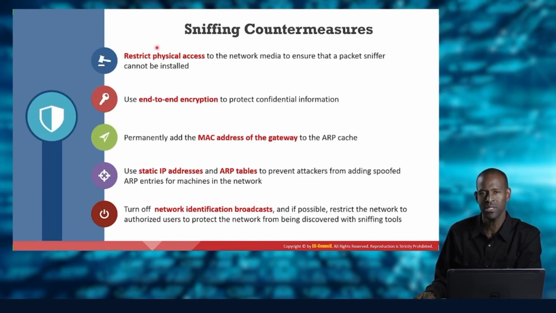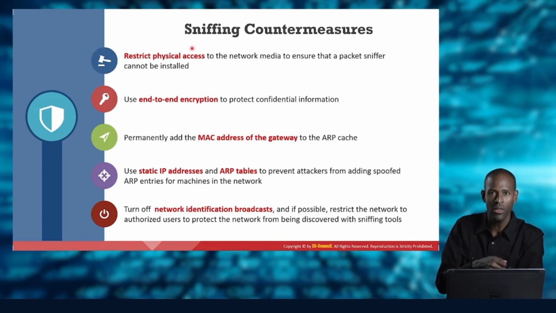I don't know if you remember, but just at the beginning of this module, I gave you a little scenario of how somebody would find a physical port. How did they do it? They went into the conference room, and on the wall there was a place where they could plug in their computer.